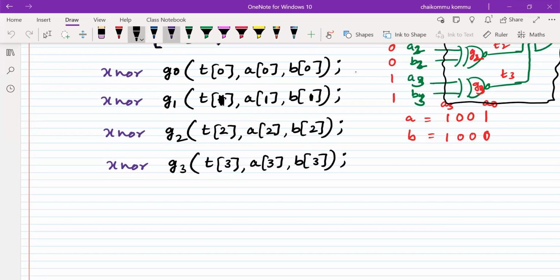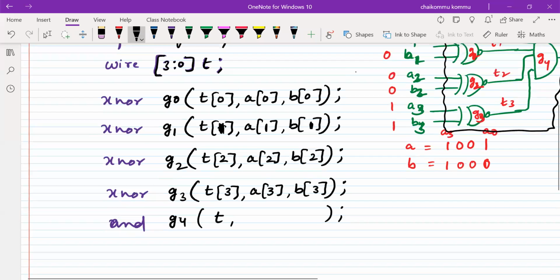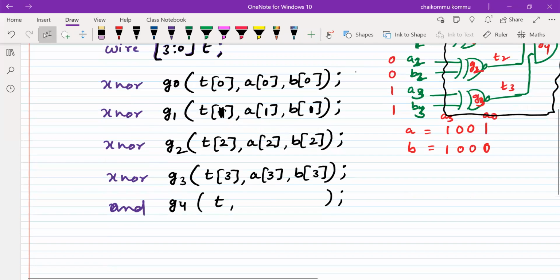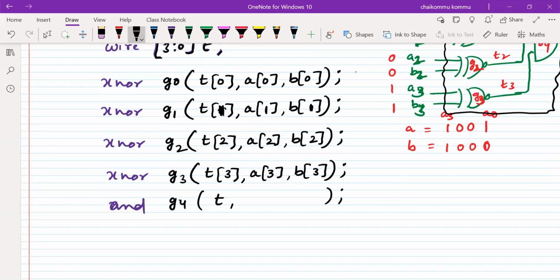The last one is the AND gate G4, with output equal and input T. Actually T is 4-bit size that we are using. Therefore I need to write it with the range 3 down to 0, very important.